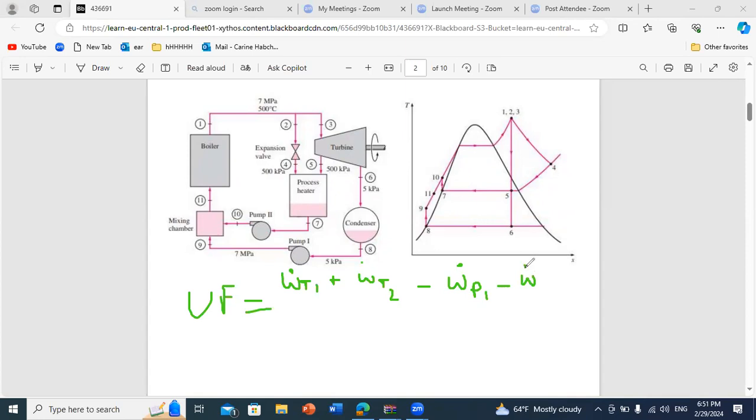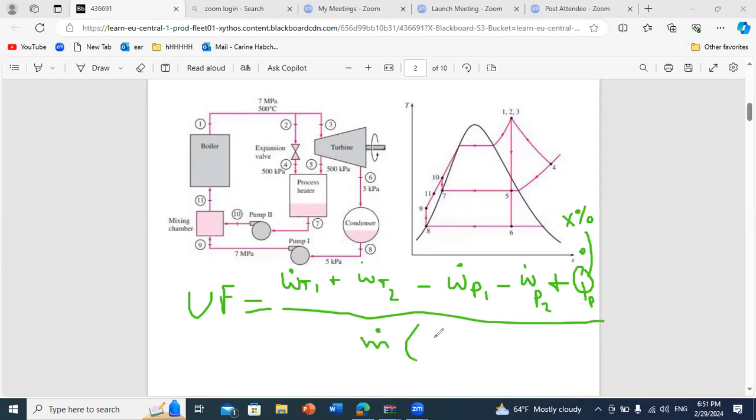And we don't forget to add the process heat that we were able to extract, because this is useful heat. And as I told you, if I give you an efficiency for your process heater, you just have to multiply the maximum extracted heat Q dot P by the percentage that I give you. And you multiply here by the efficiency of the process heater, over Q dot N, which is at the boiler level, which is M dot times H1 minus H11.